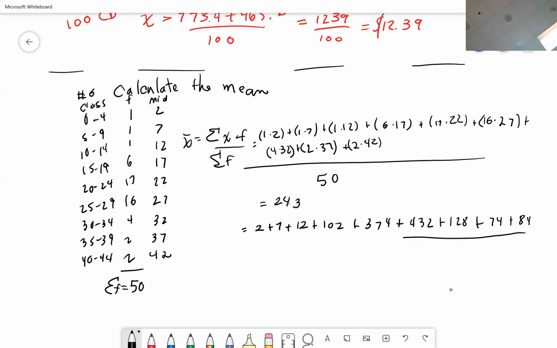And now you add them all up and divide by 50. What does it get you? I got 1,215. What's that divided by 50? 24.3.